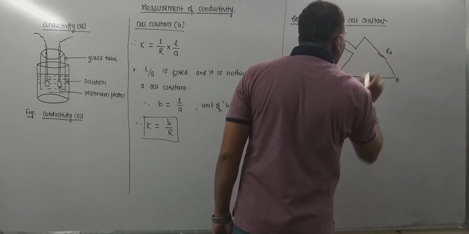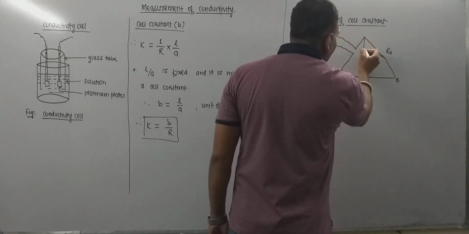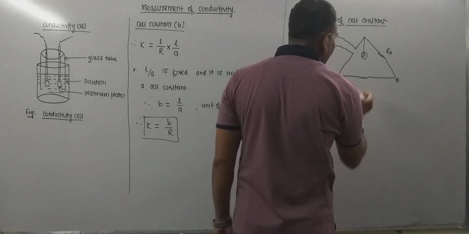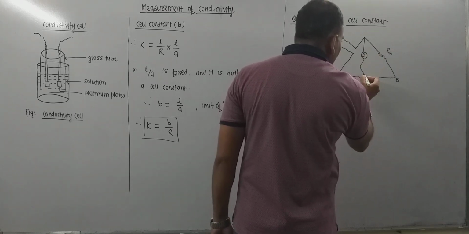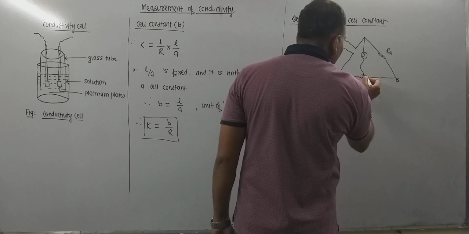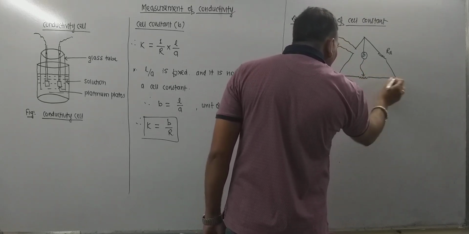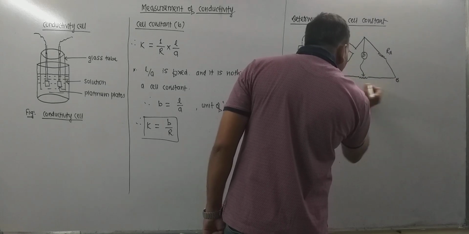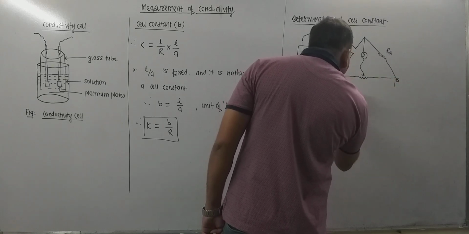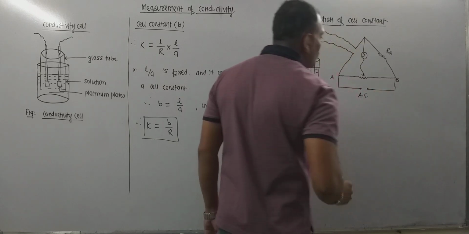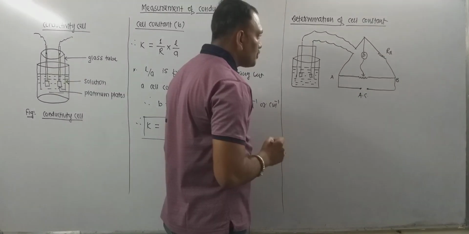We name this as Rx. Here we have a current detector D like a magic eye, and this is a projection like a jockey which can be moved over this wire, and the two ends of this wire are to be connected to an AC source. AC source is nothing but an alternating current source.